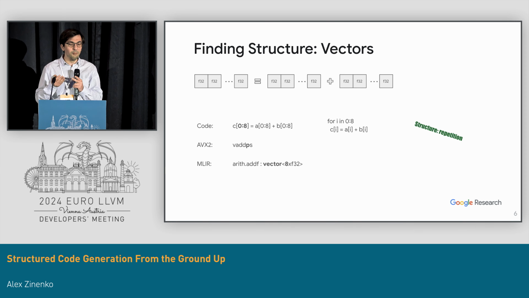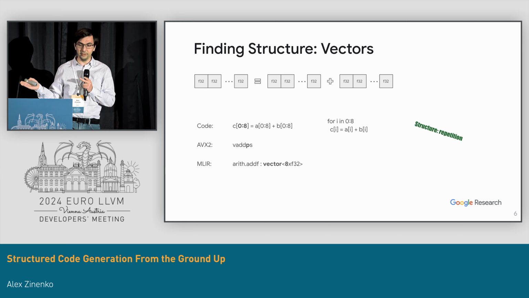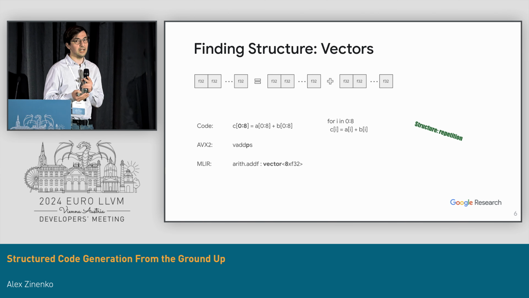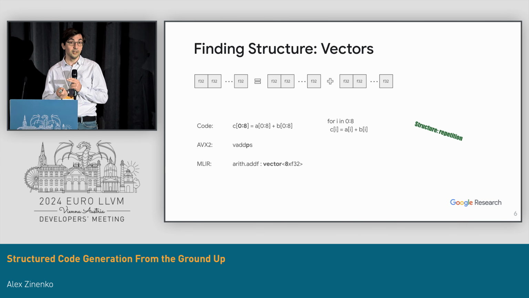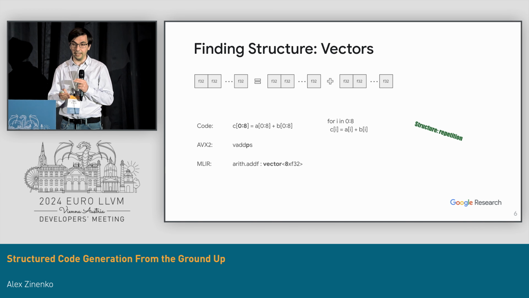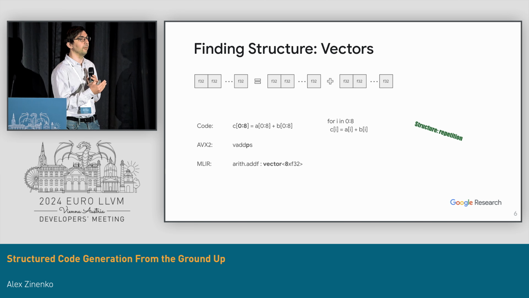It starts getting more complicated in pseudocode because you need subscripting. You can represent it as a loop. You still have a vector instruction on many ISAs, like on x86. And in MLIR, you can use the same arithmetic add operation to add vectors as used for scalars. But what we see here is there's some structure appearing.